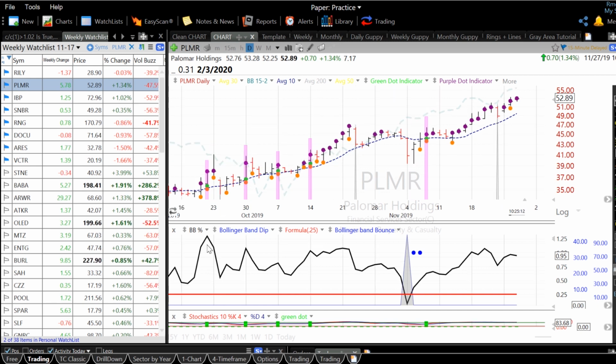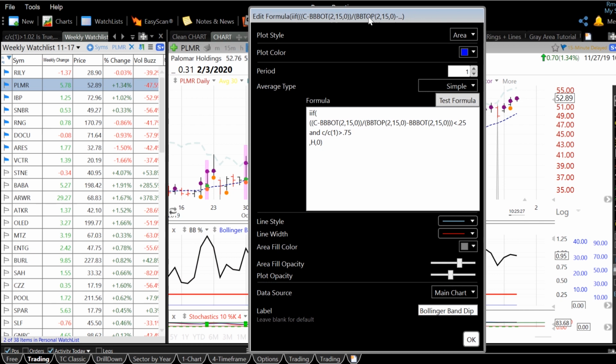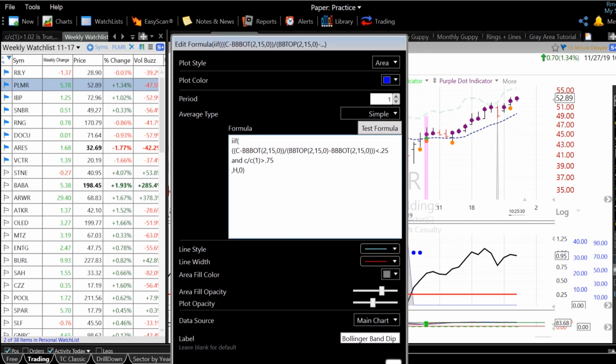So what I've got plotted here, and I think this is really useful especially for new traders, is the current price in relation to where it is in the Bollinger Band range. Looking at the formula for this line, you can basically see that it's determining where in the range the current price is.